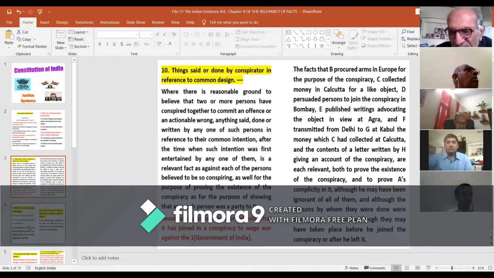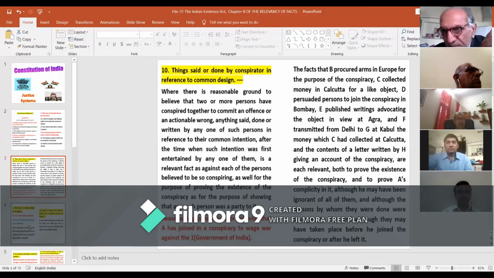These two conditions are to be satisfied to make the act done by an individual or document written by an individual relevant under Section 10. So it is said, it is a relevant fact as against each of the persons believed to be so conspiring, as well as for the purpose of proving the existence of conspiracy, as for the purpose of showing that any such person was a party to it.